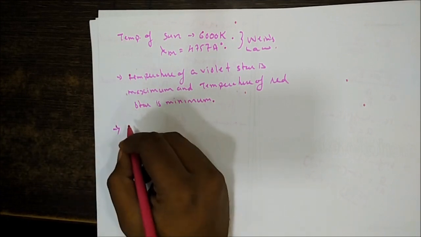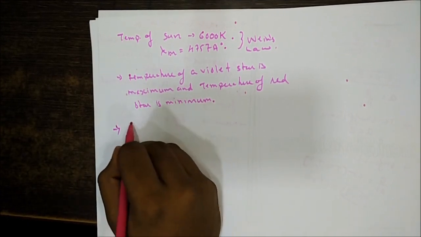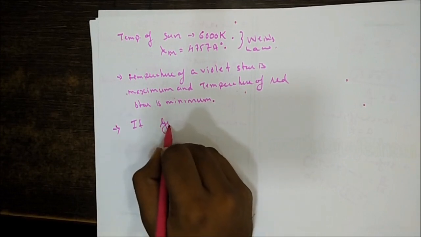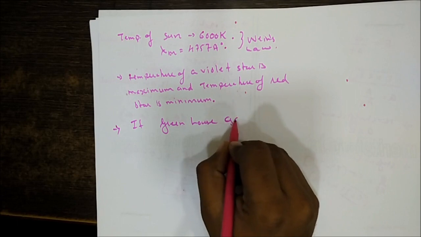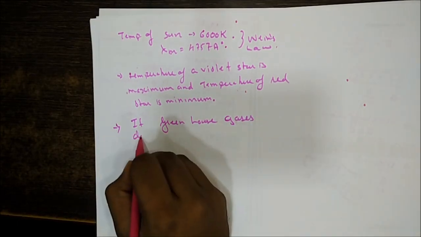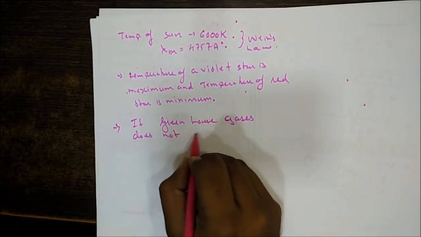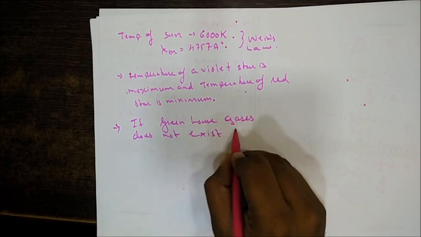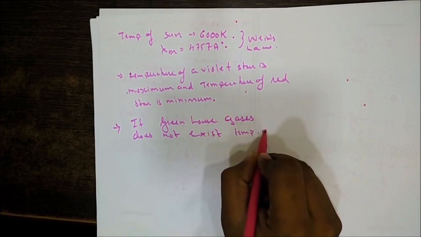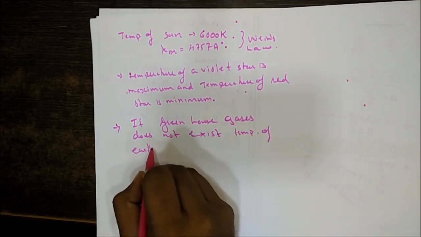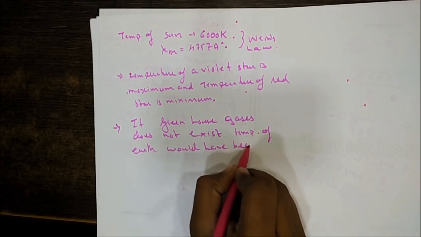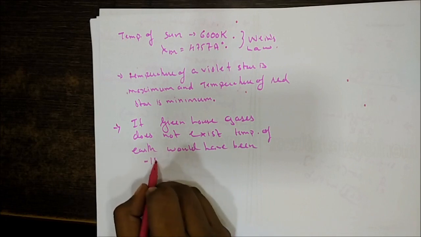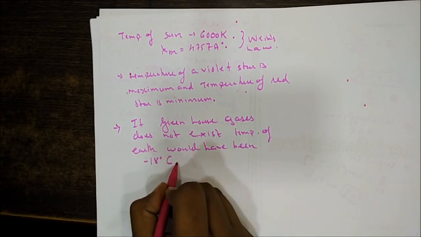So you can also say if greenhouse gases does not exist, temperature of earth would have been minus 18 degrees Celsius.